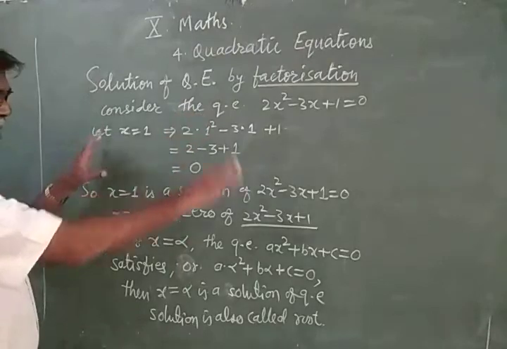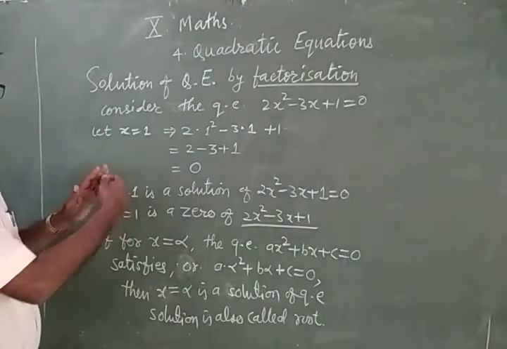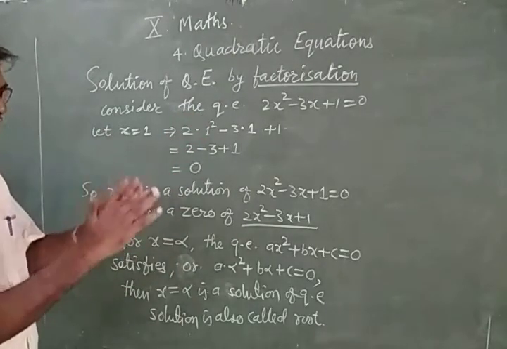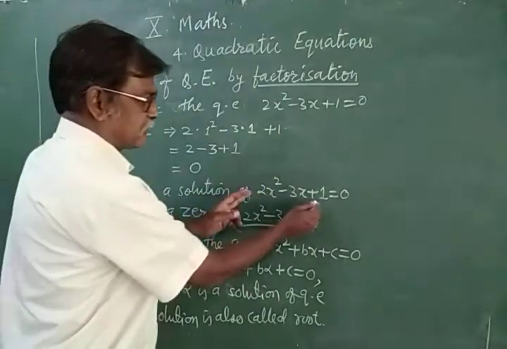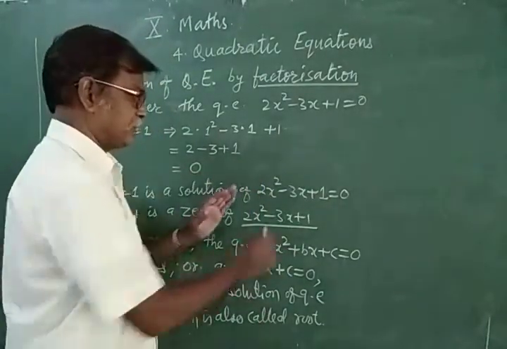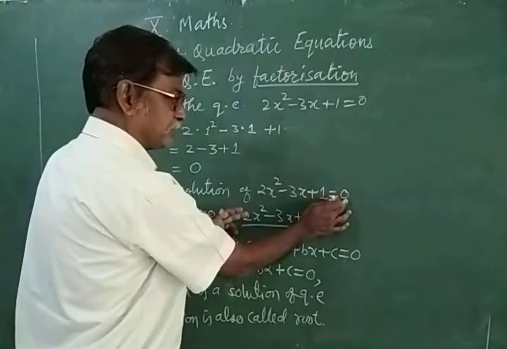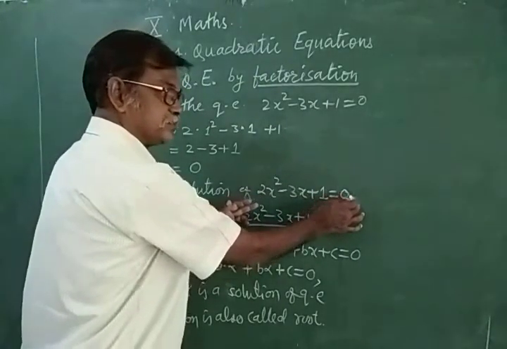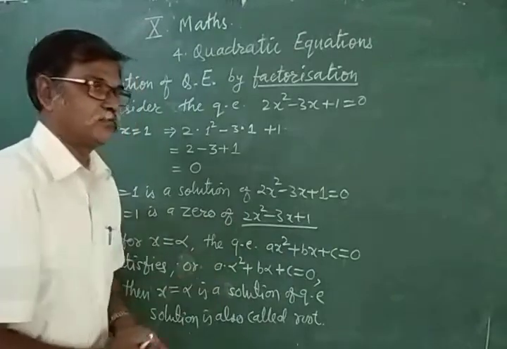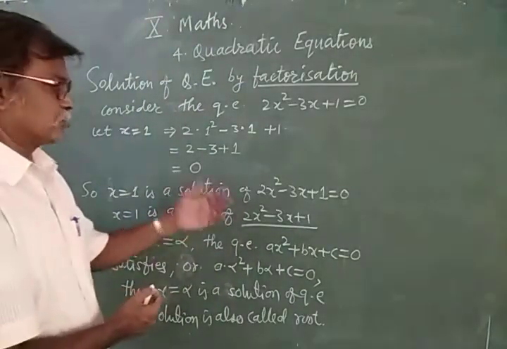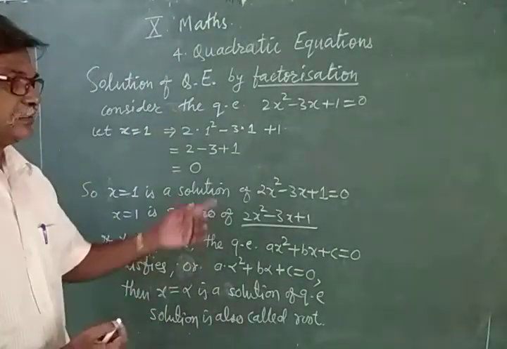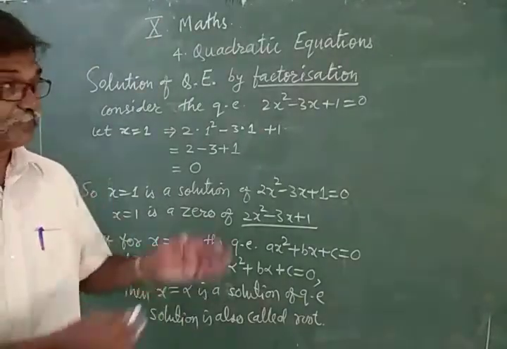So in place of this trial and error method, if we factorize this quadratic polynomial and after getting the factors, equate them to the right hand side, that is 0, then we will get the roots of the quadratic equation. That we shall see. That method is very important.